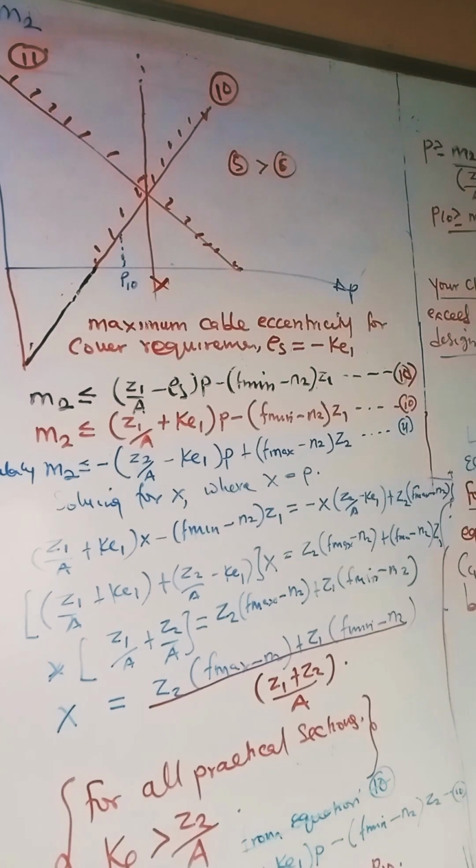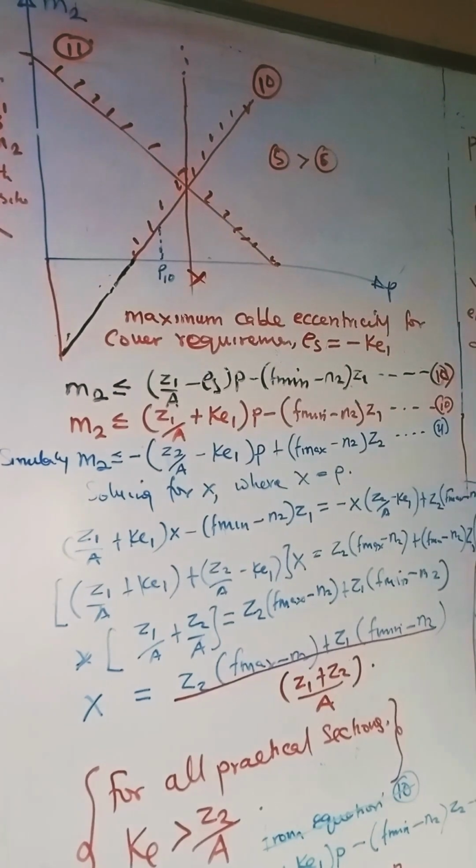The next thing we obtain is the solution to the inequality, which is the point of intersection of the graph. Let's call it x. We can then look for the pre-stressing force x by equating equation 11 and equation 10.